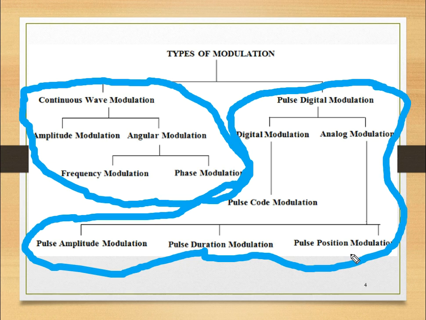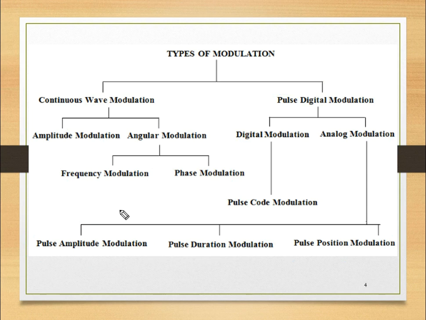In pulse position modulation, you just change the position, the index of your pulse according to the incoming information. In pulse duration modulation, you change the width, the interval, accordingly. In pulse amplitude modulation, you change the amplitude level to a discrete value, not to an infinite number of values like continuous wave modulation. Clear?